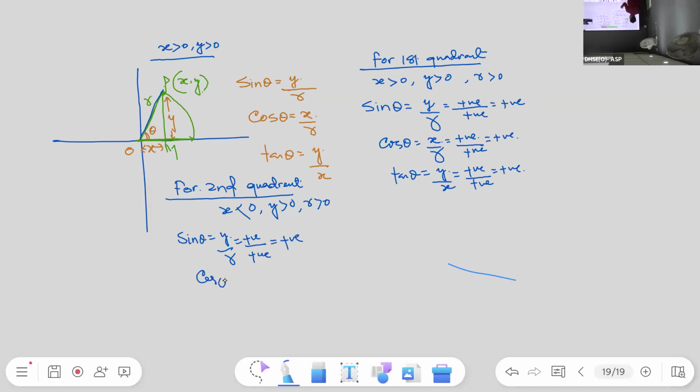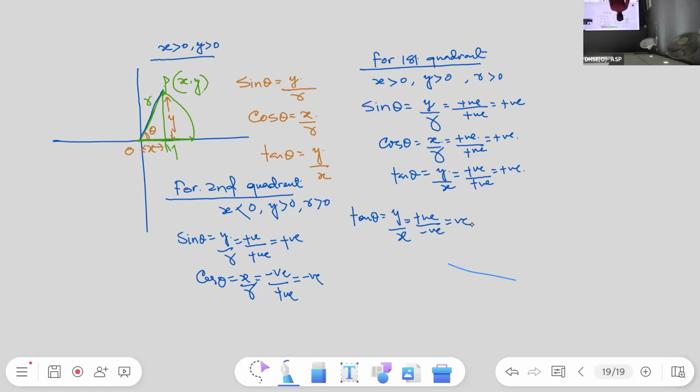Cos theta is equal to x upon r, negative upon positive, is negative. Tan theta is equal to y upon x, positive upon negative, will be negative. If sin is positive, then its reciprocal cosec is also positive. Cos negative, reciprocal sec is negative. Tan negative, reciprocal cot is negative.